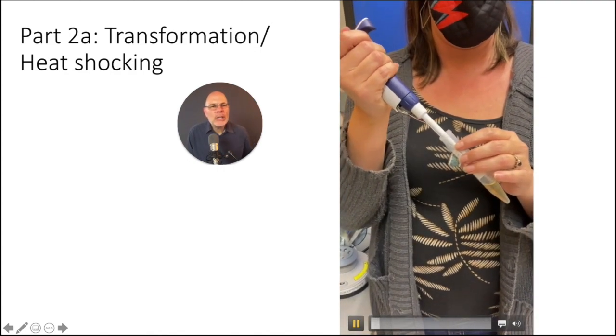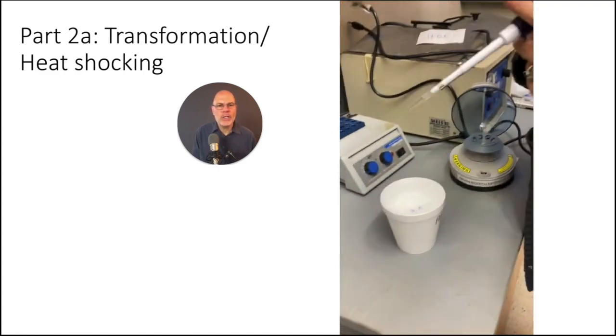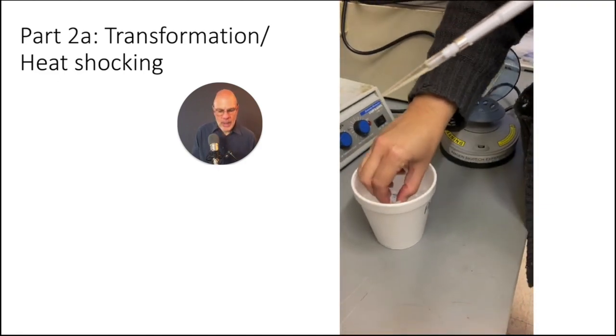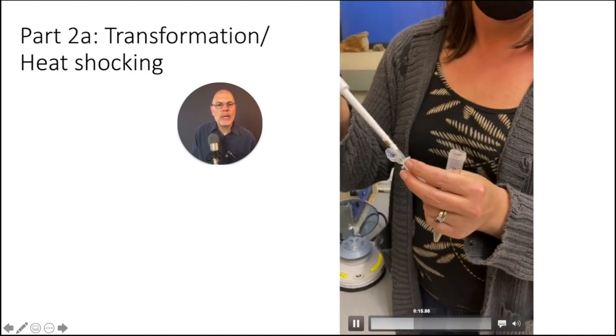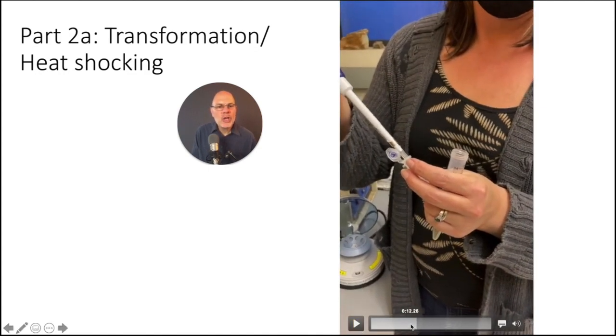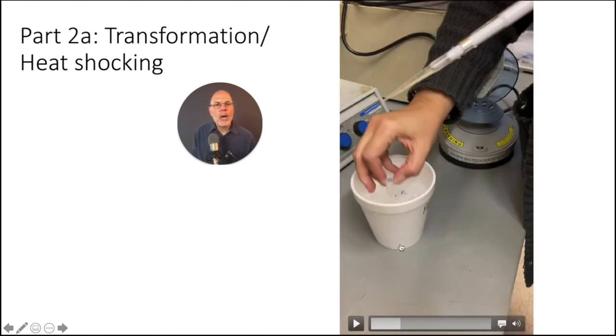So what she's doing now is, it looks like she's taking some nutrient broth, some yummy food that's going to help our bacteria grow. So over here in this styrofoam cup, there are bacteria that are competent, that are in these little microtubes.